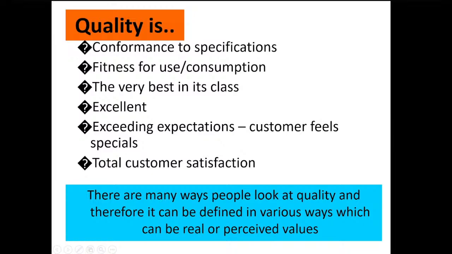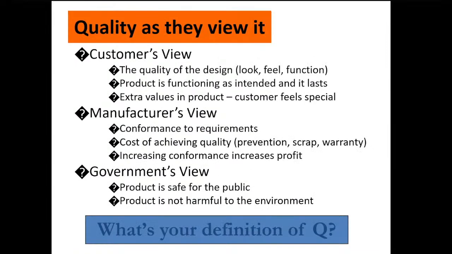So there are many ways for us to look into the definitions of quality. There are many ways people define it in various ways. Sometimes it can be real and it can be perceived value. Perceived means as if, too good to be true.